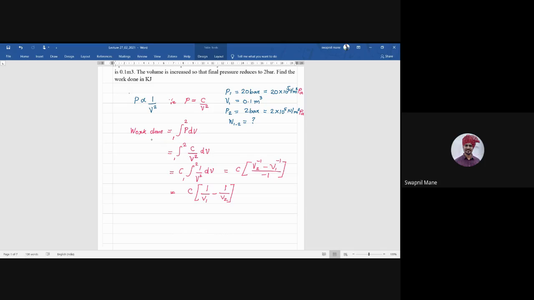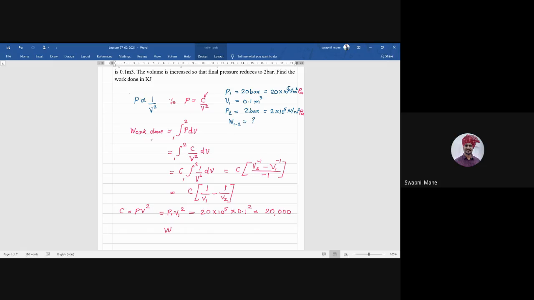What is the value of C from here? C can also be written as PV square, that is P1 V1 square, which is equal to 20 into 10 raised to 5 into 0.1 square. That is how much? 20,000, right?